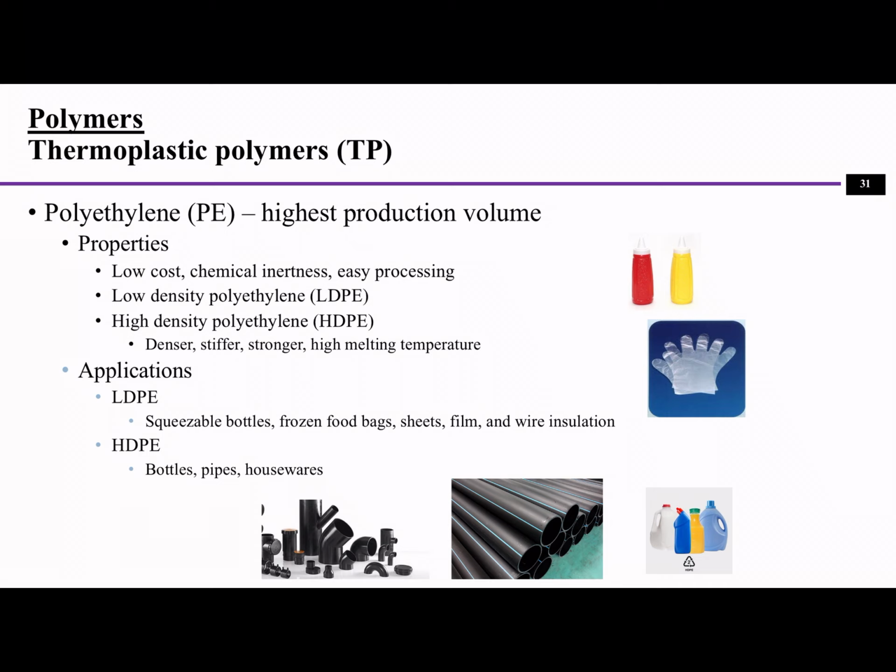While high density polyethylene is denser, stiffer, stronger, and has a higher melting temperature, so it can be made into containers like this, right? That require higher strength, and also pipes, housewares, and bottles, right? For high density polyethylene.